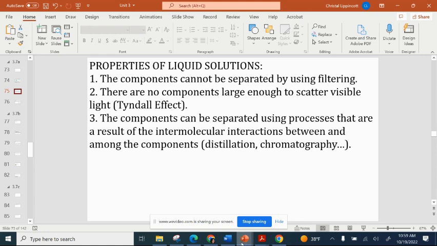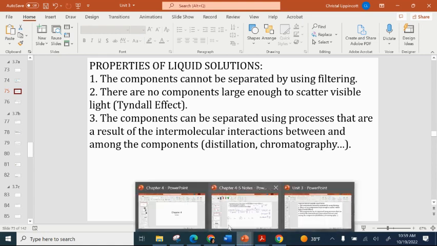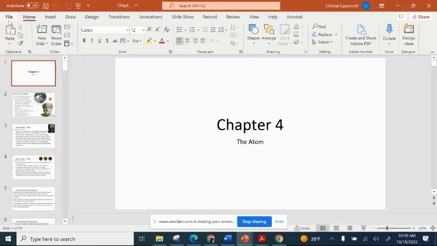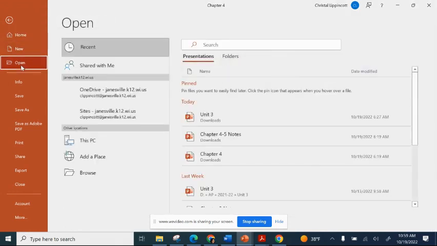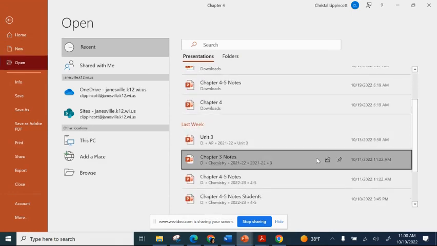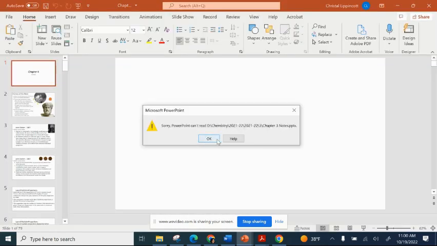So I'm trying to find some pictures here for him. That's refraction. What is this colloid and suspension? Just give me a second.